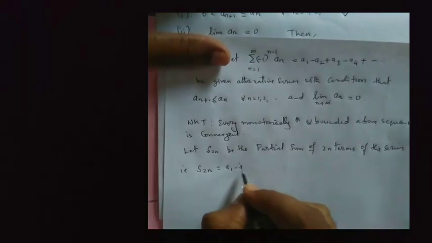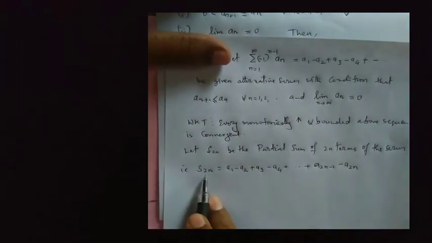That is, S of 2n has the elements a1 minus a2 plus a3 minus a4 plus and so on, up to plus a2n minus 1 minus a2n.